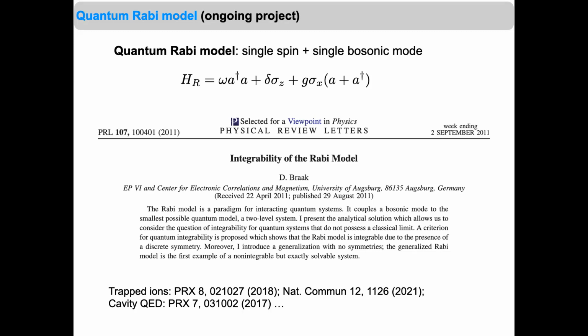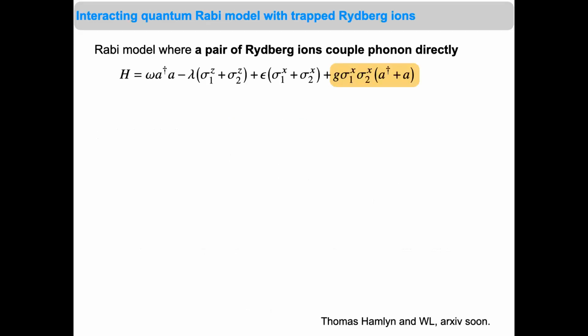And in recent years, there are a lot of experiments using different systems to realize such models. So what we do is we can use a similar setting, but in a different condition. We can create a coupling that couples a pair of interacting spins.